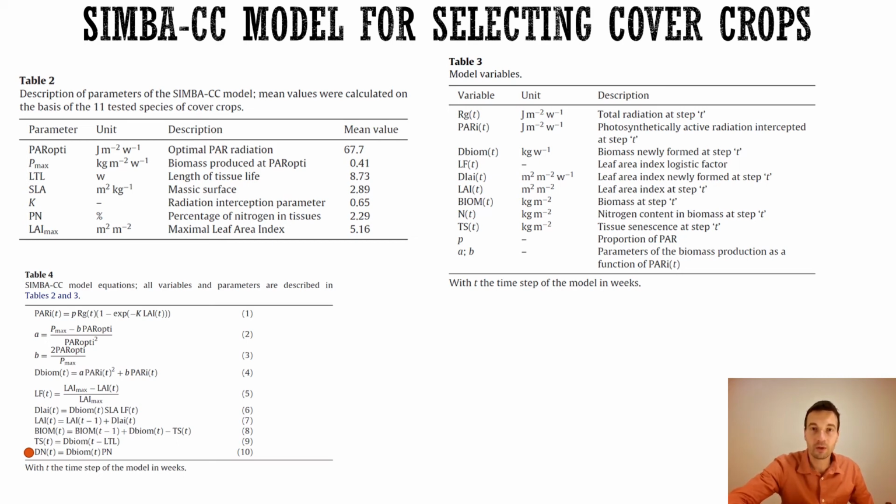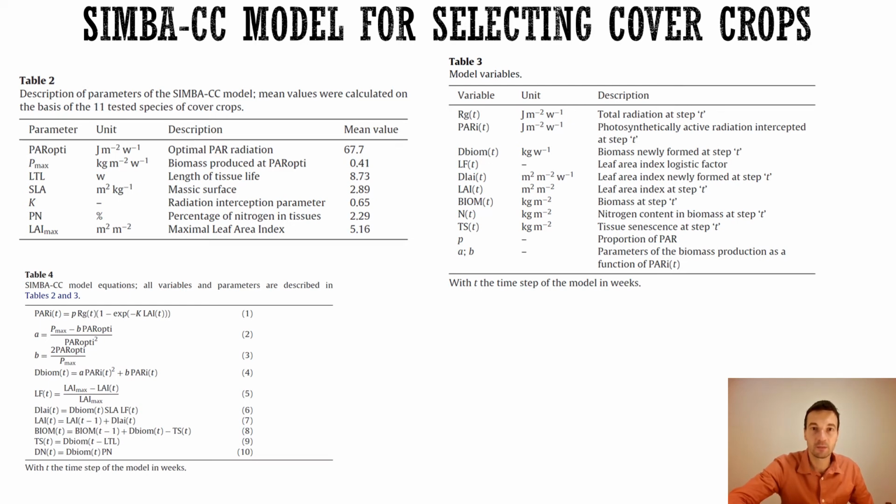For functional evaluations, researchers defined 3 effect traits based on previously described intrinsic crop traits. The first is mean biomass between 0 and 15 weeks after sowing, which is an indicator of the capacity of the cover crops to compete with weeds.